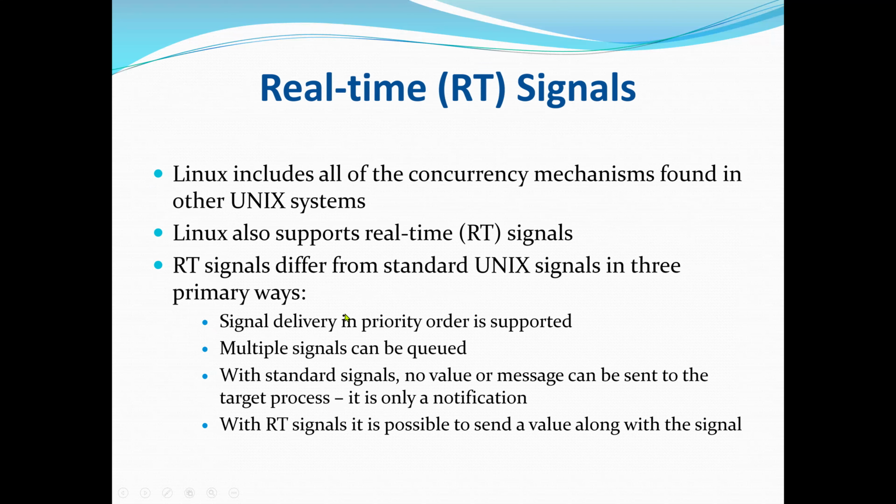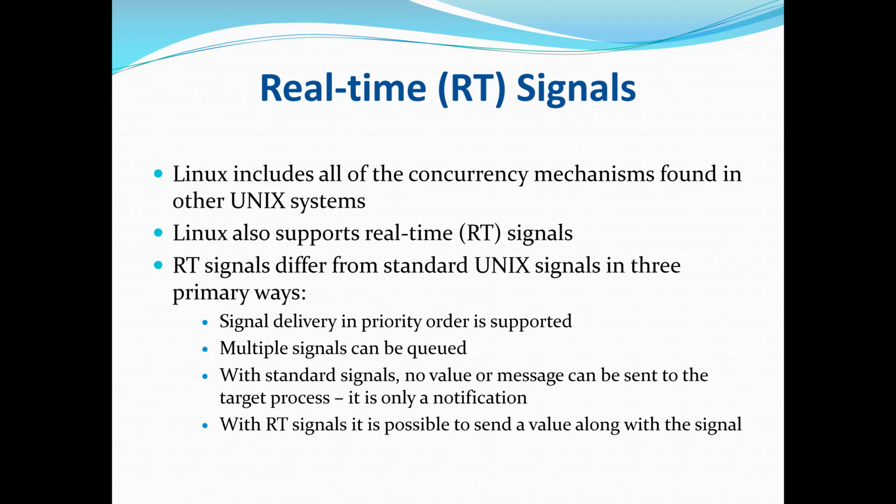The next topic is real-time signals. Linux also includes all the concurrency mechanisms found in other UNIX systems, including pipes, messages, shared memory, and signals. But Linux also supports a special type of signaling known as real-time signals. The real-time signals are part of the POSIX 1003.1b real-time extension feature.